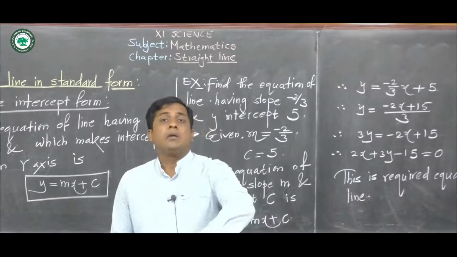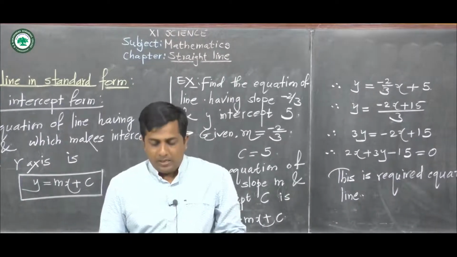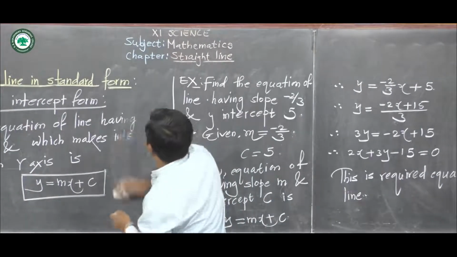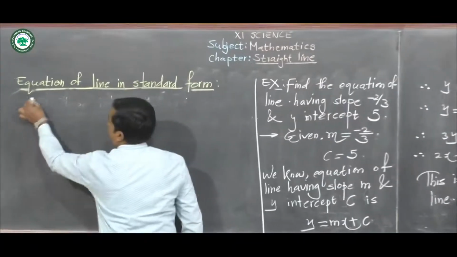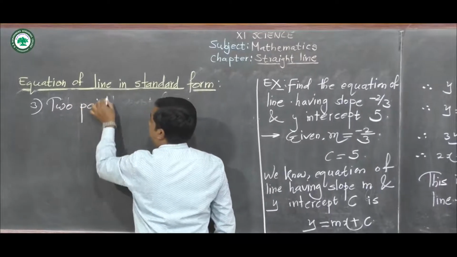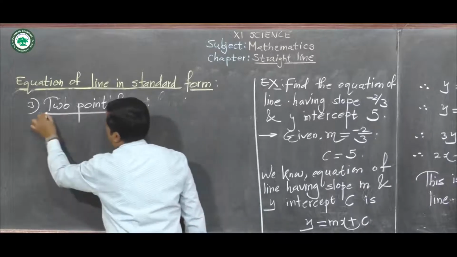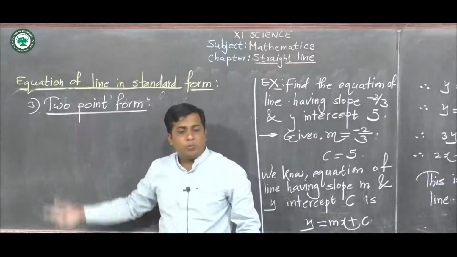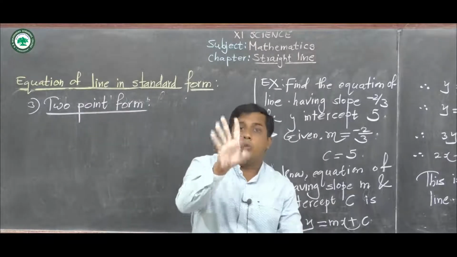Now we go with our third form, the third standard form, and it is the two-point form. This two-point indicates our line is passing through two points.